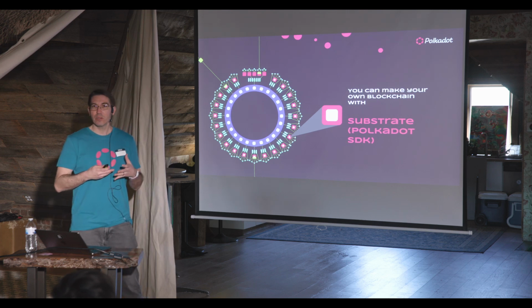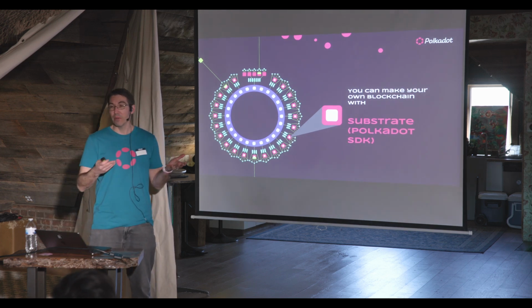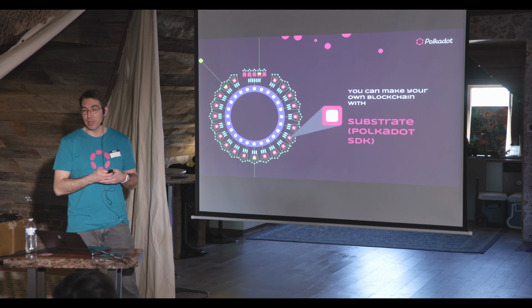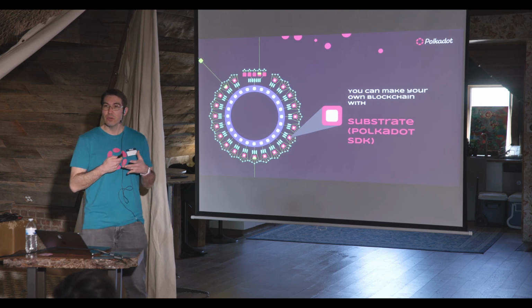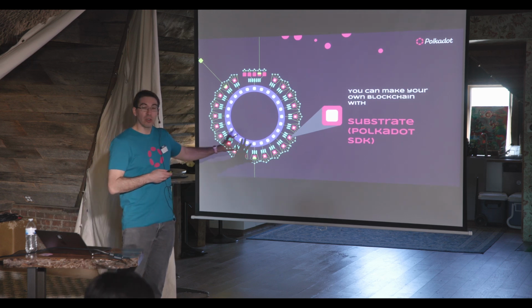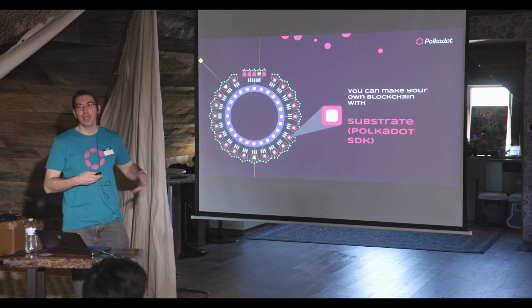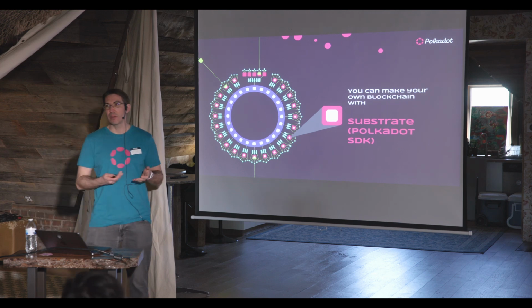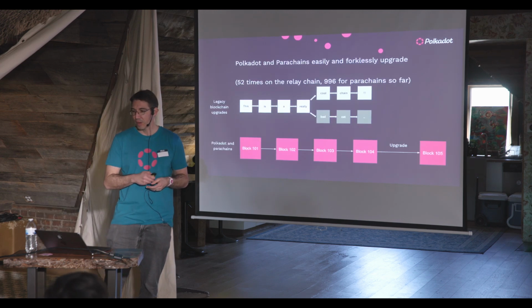Third parties, or whoever really wants to, can develop using Substrate or the Polkadot SDK to make these blockchains connect to the relay chain. These blockchains are called parachains. They connect to the relay chain, share in the security, interact with other parachains, etc.